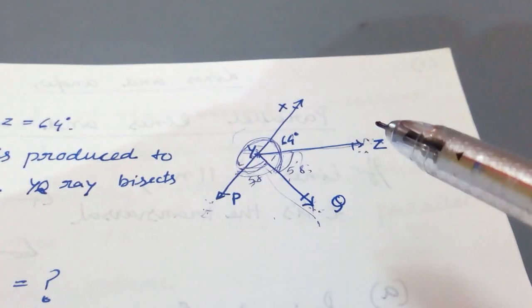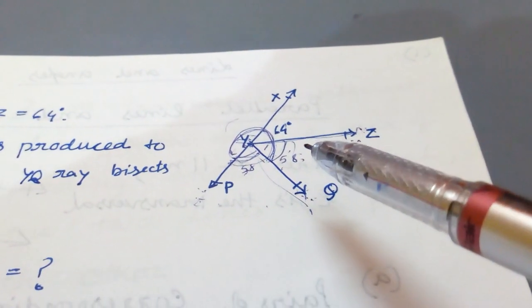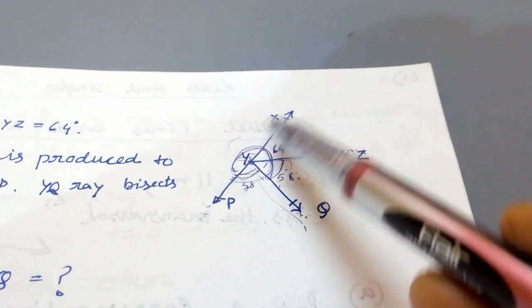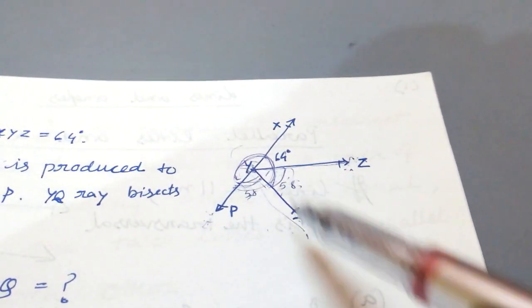Now, XYQ, you again look at the diagram. We have to find XYQ. This is equal to XYZ plus ZYQ.